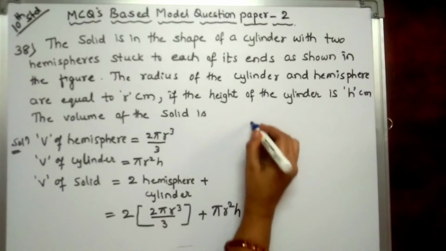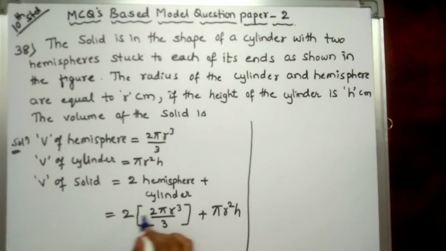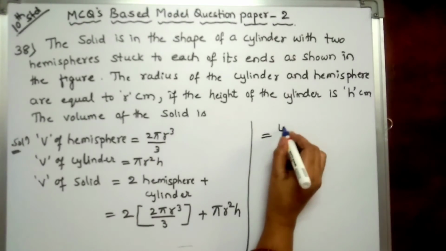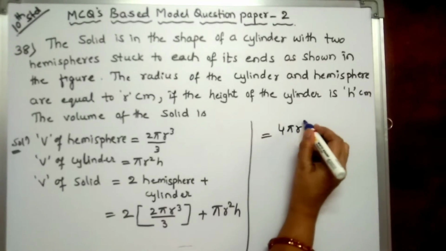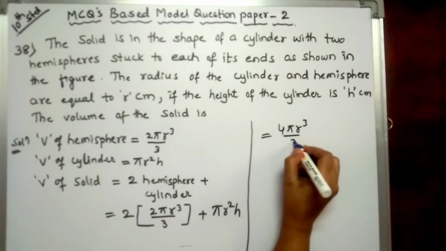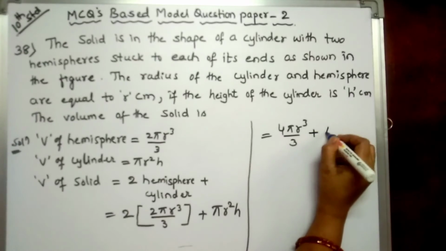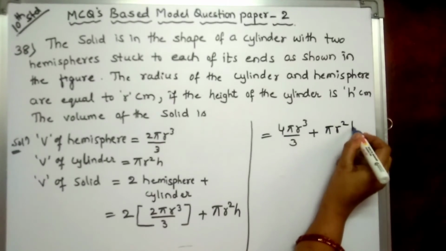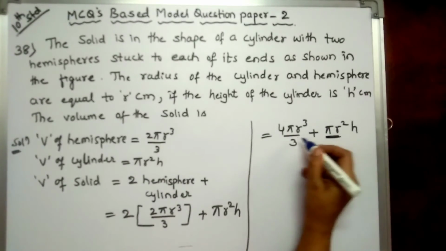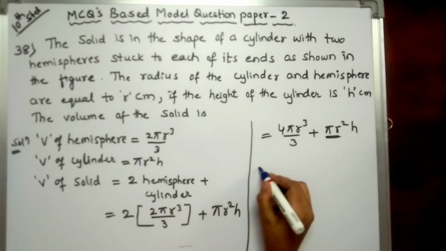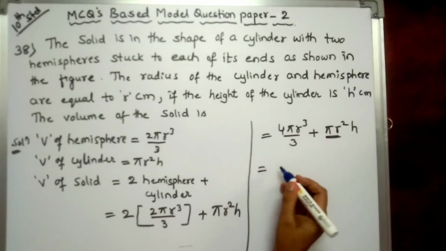Yes, next, 2 2s are 4, pi r cube by 3 plus pi r square h. So now I am taking pi r square common. So pi r square.